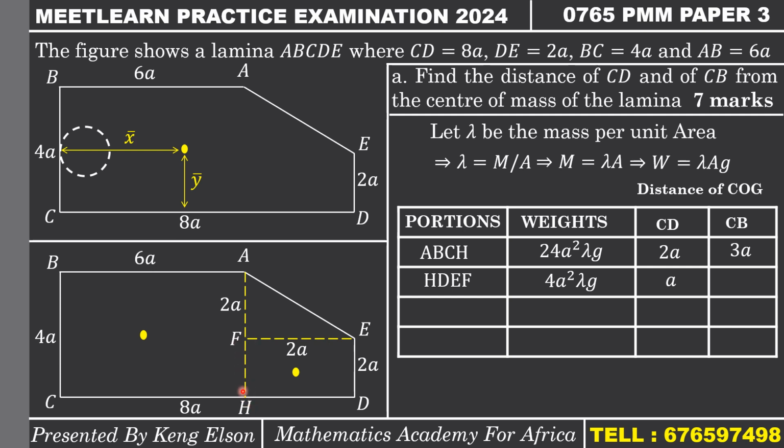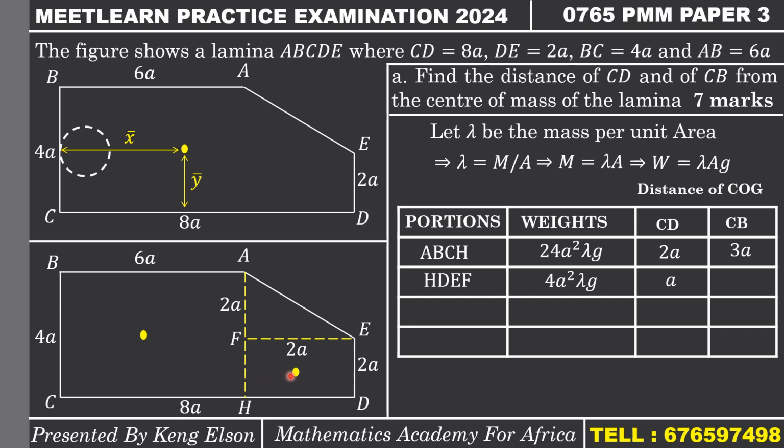Then we add the distance from HF to CB. What is the distance from the center of mass of the square to the side of the square? It is basically the side of the square divided by 2, because the length and the width of the square are the same. So this little distance here is 2a divided by 2, which is a.